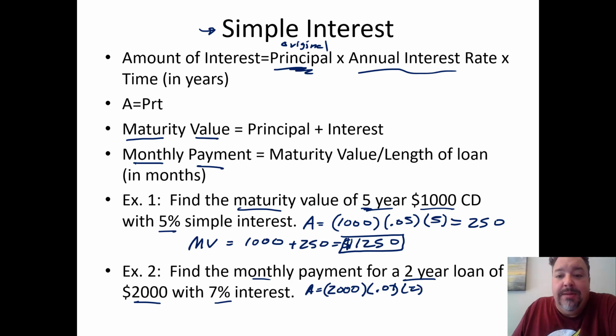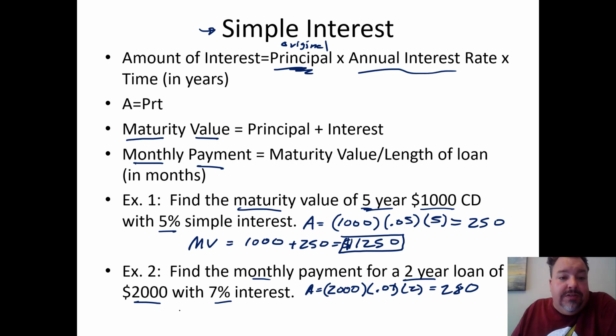Again, we want the time here, make sure it's in years, and that's going to be, let's see here, 2,000 times 0.07 times 2 comes out to 280.